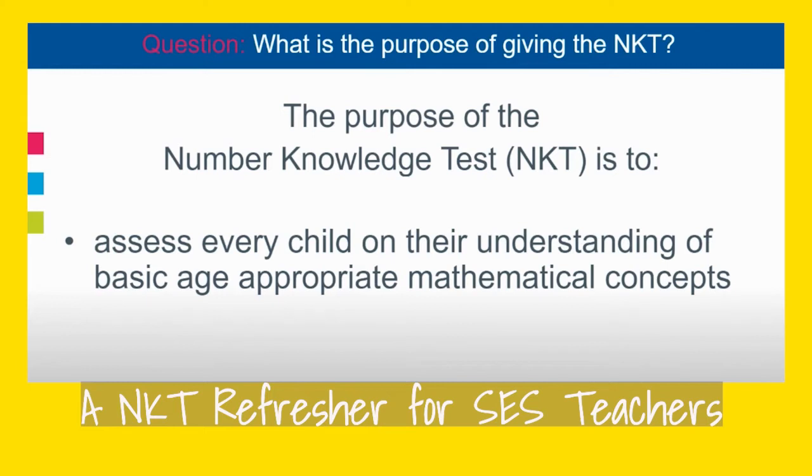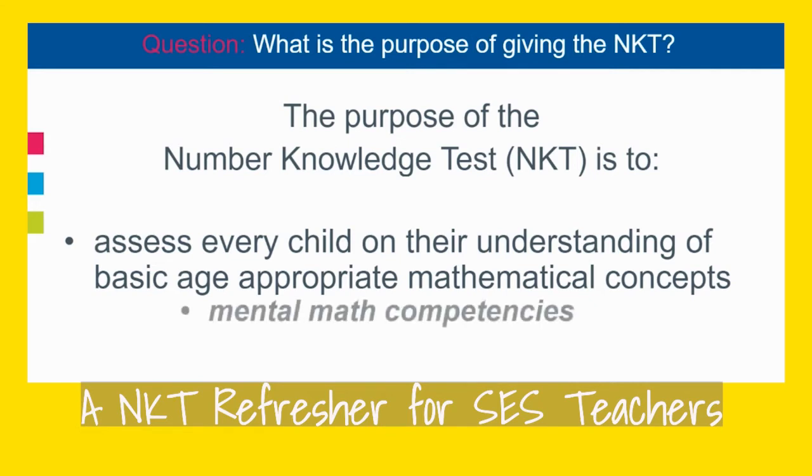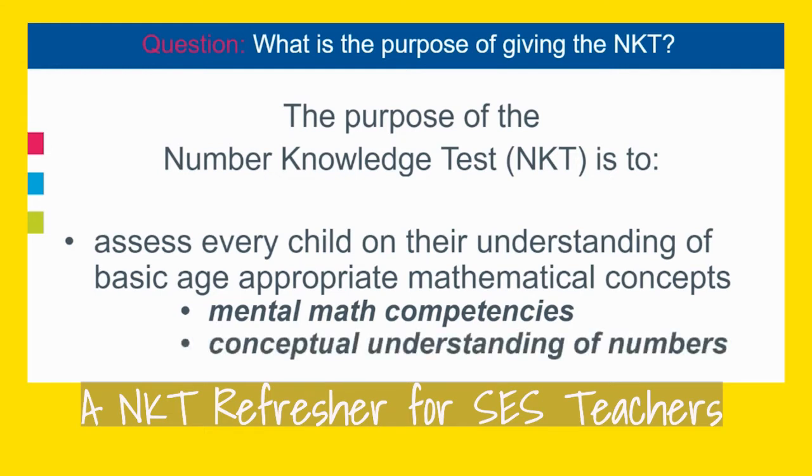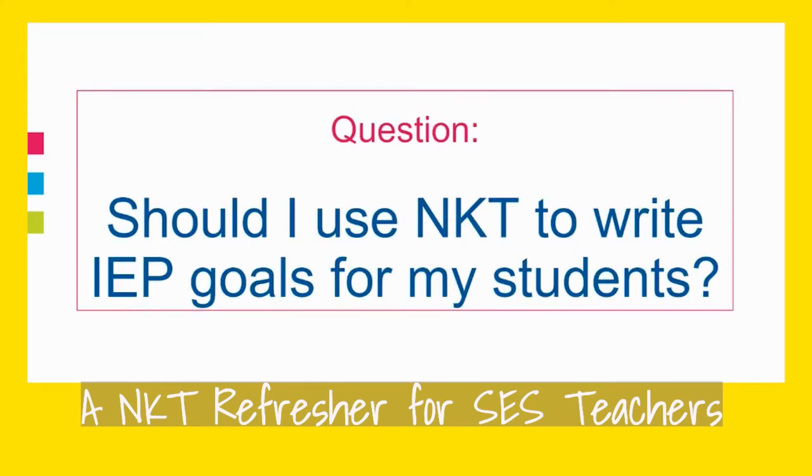So there are 3 levels in the NKT, just like you have 3 levels in mCLASS, and the NKT is designed to identify those different tiers of support in the same way. So remember, it assesses every child on their mental math competencies and their conceptual understanding of numbers and puts them in a score range that is based on the answers of their age-related peers.